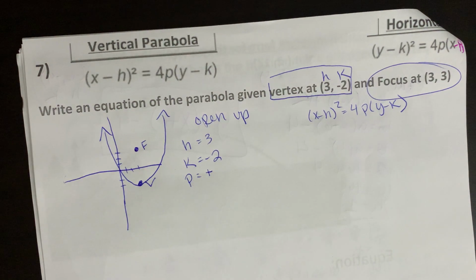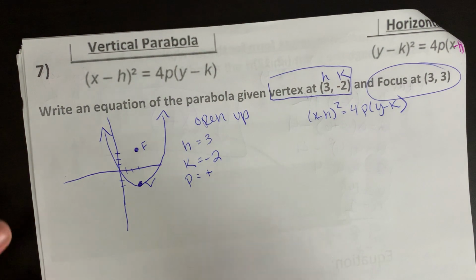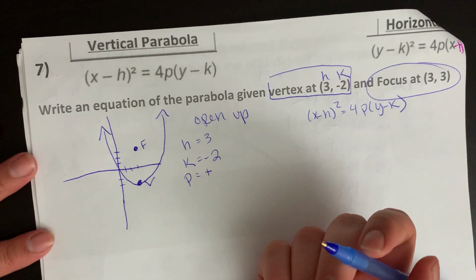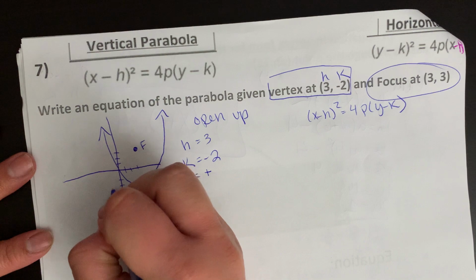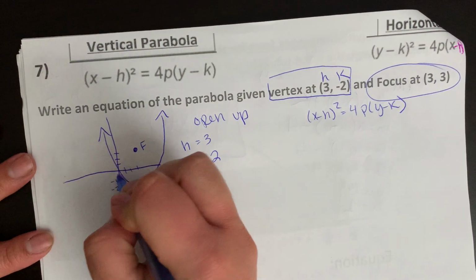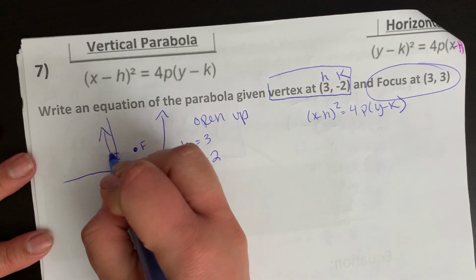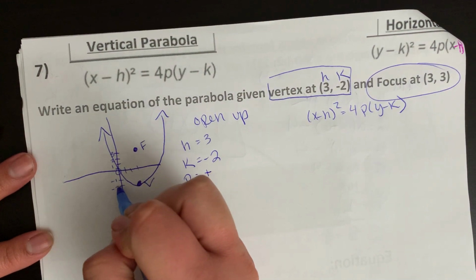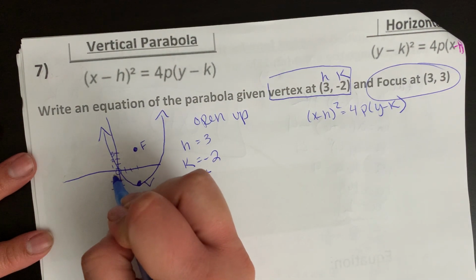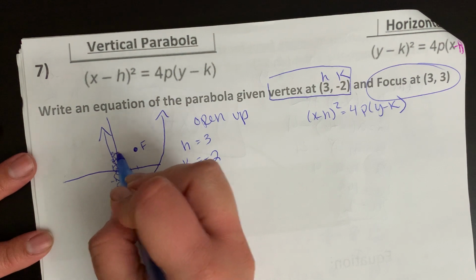You could use your chart to figure it out and use the little formulas I gave you, or you can literally just use your little rough draft, the sketch we did. Just number your stuff: -2, -1, 0, 1, 2, 3. And you can physically count: 1, 2, 3, 4, 5.